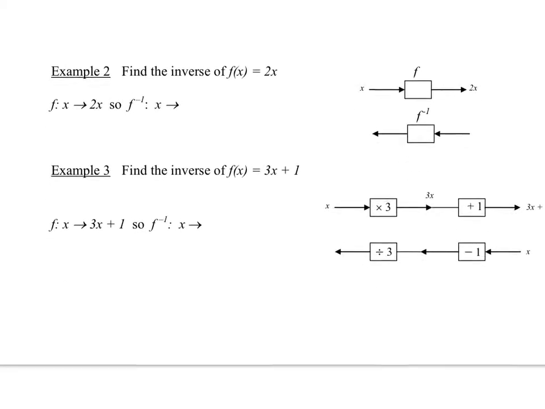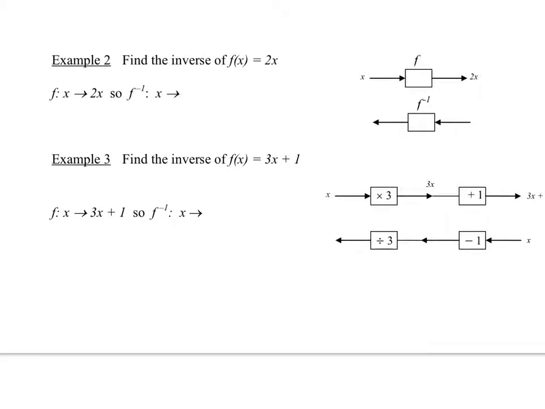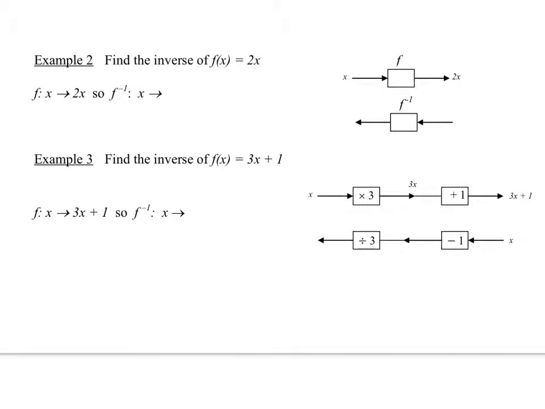And it's possible for us to find easy inverses like this. If you look at this first example, example 2, if you want to find the inverse of 2x, well, just think what's happening when you take x and you multiply it by 2. How could you undo that? What's the reverse of multiplying by 2?